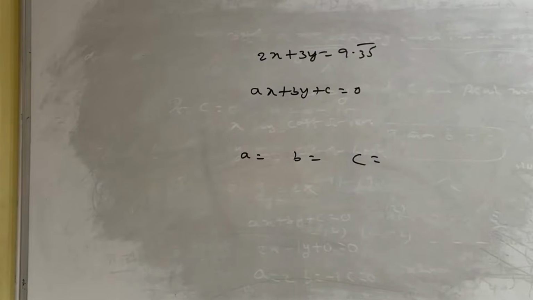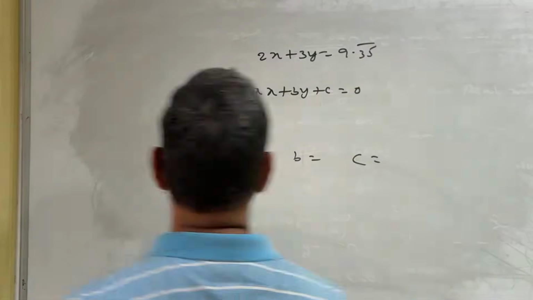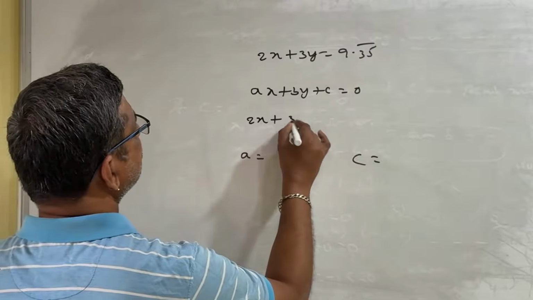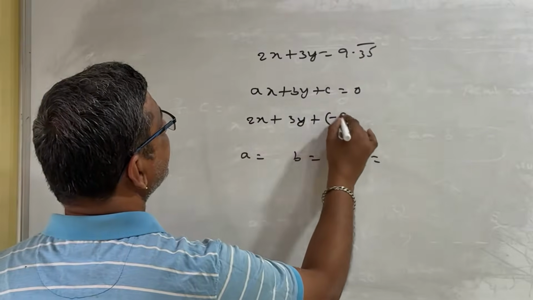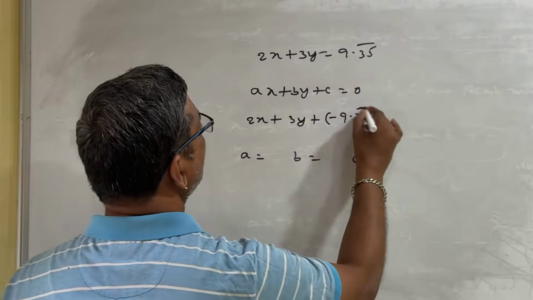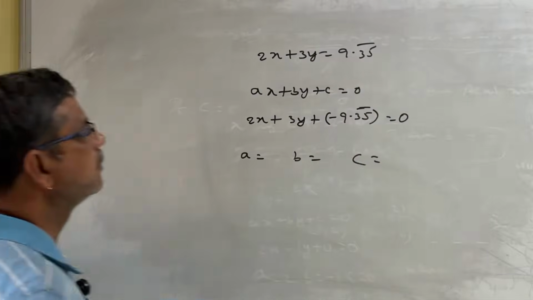A 2, B 3, C 9.35. Is that right? First express in the general form. 2x plus 3y plus negative 9.35 bar is equal to 0.